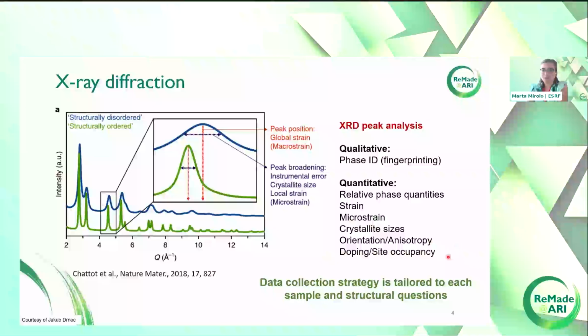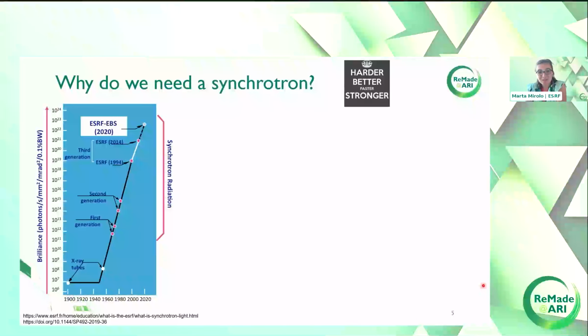So all this information is available. Depending on what you want to look at, we target a different instrument, a different beamline, a different facility, in order to tailor the data acquisition.